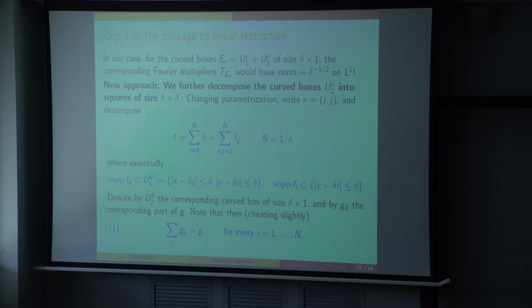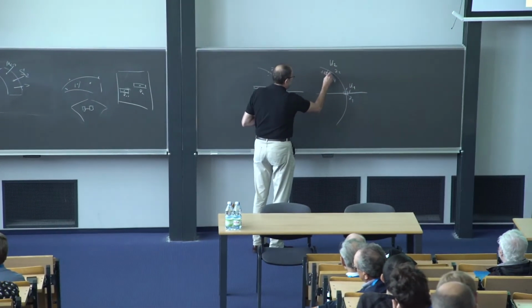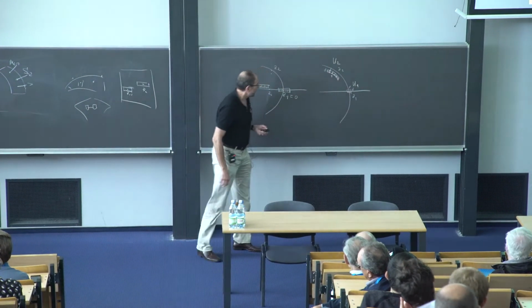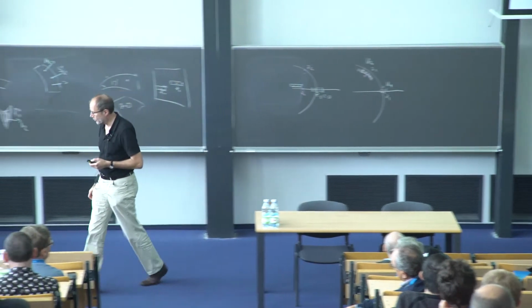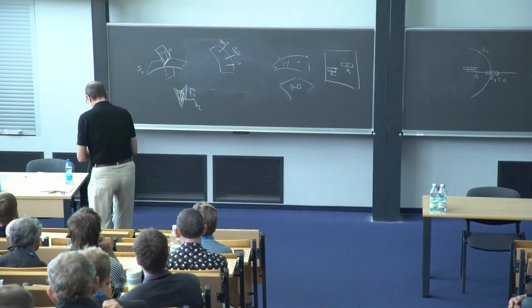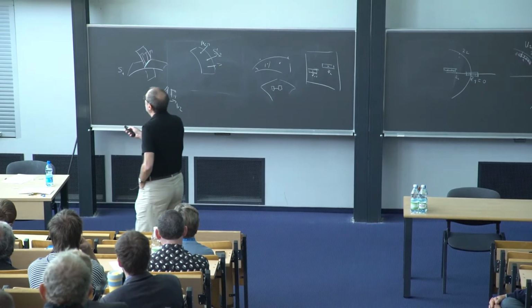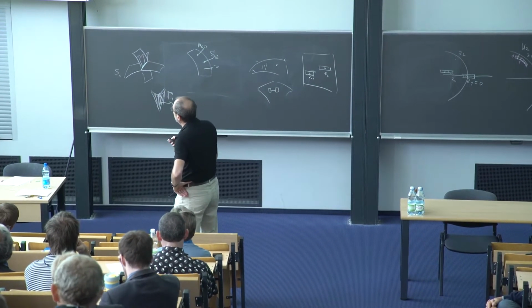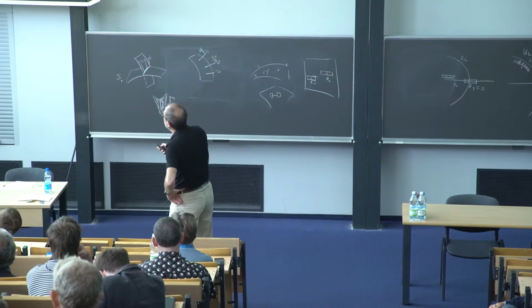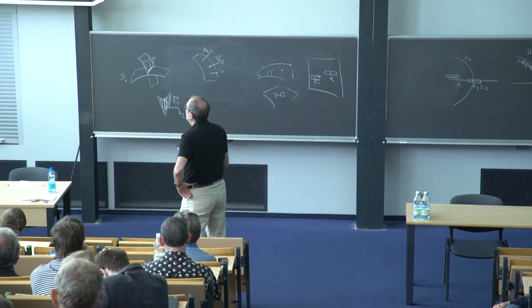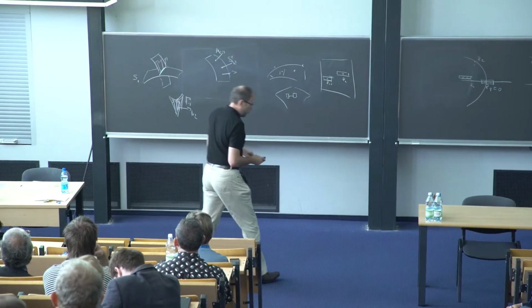So that's one point. And so what really, in the end, saves the day is that we further decompose these curved boxes into delta times delta squares. So we further decompose those into squares, right? And then, correspondingly, we decompose our function, which I will show you a picture of soon, into functions f sub I. Now maybe I should first show you the picture.